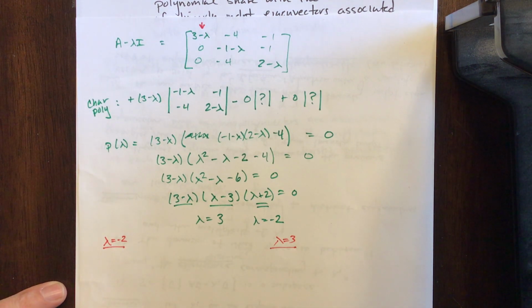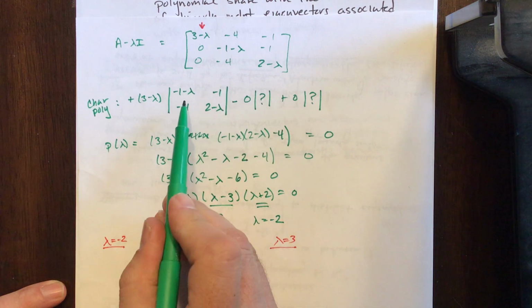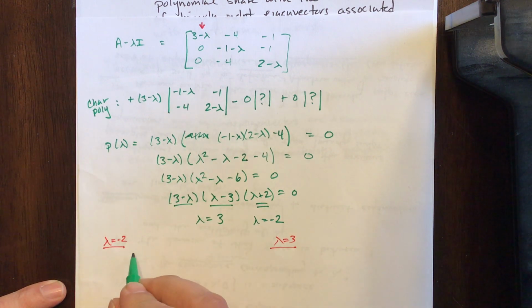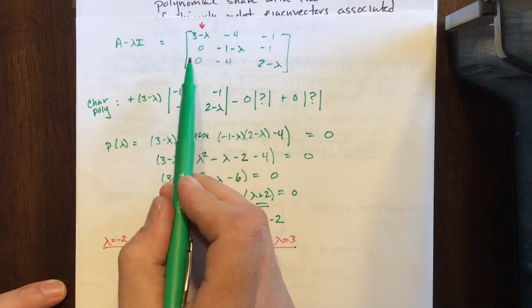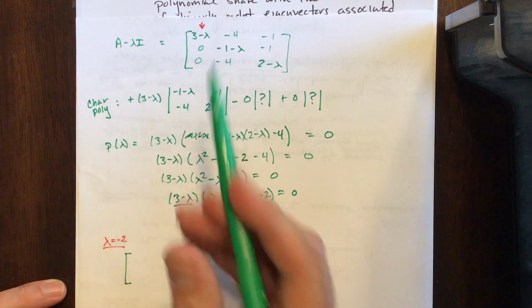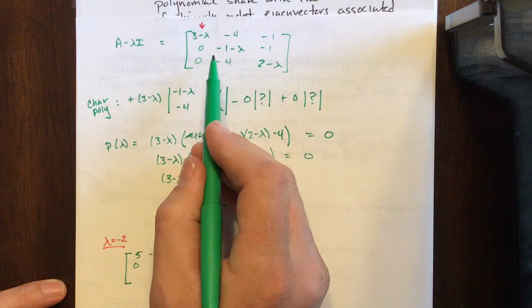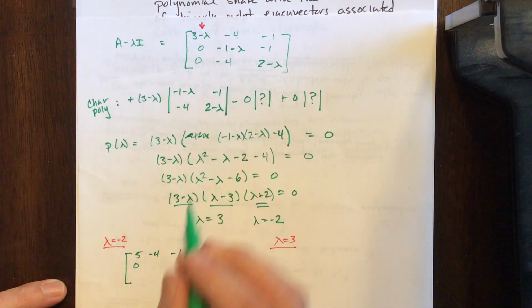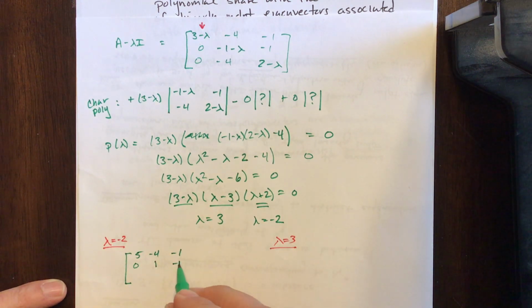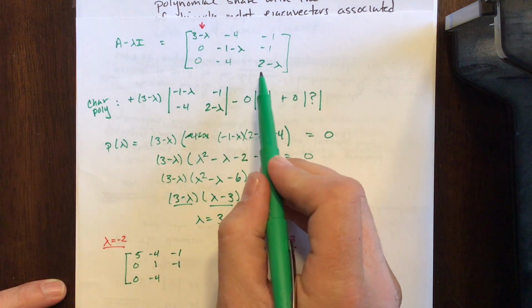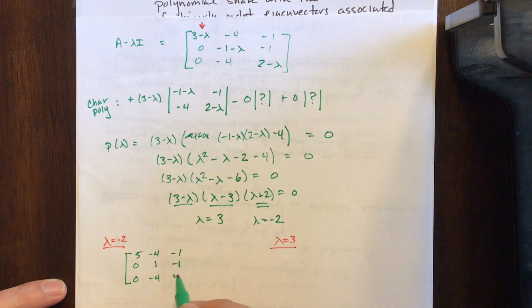So for lambda equals negative 2, okay, we substitute in negative 2 for lambda, and we get the matrix 3 minus negative 2, that's 5, minus 4, minus 1, 0. Negative 1 minus a negative 2, that's 1, negative 1, and we get 0, negative 4, and 2 minus the negative 2, that's positive 4.